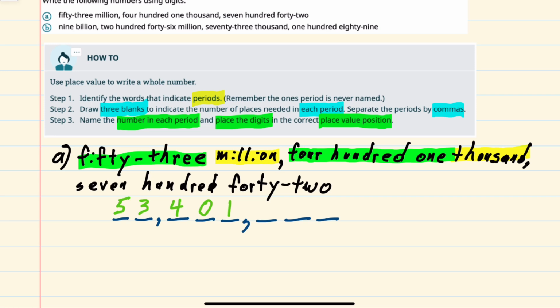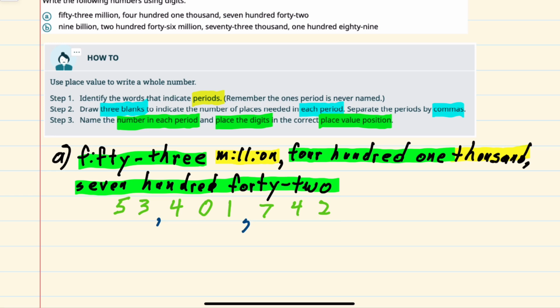And then in the ones period, we have 742. Now that we have this written out, we can remove those blanks, and we have written that number in digits. So we'll move on to part B.